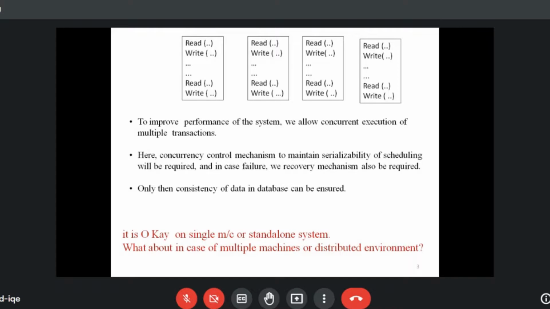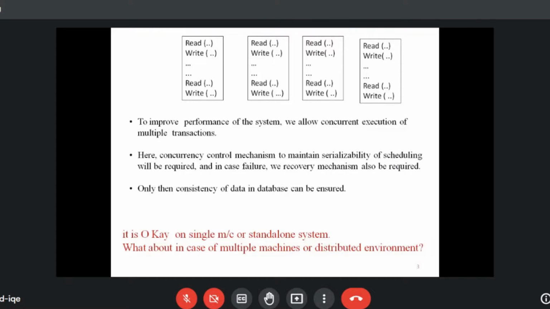If we want to recover the values of the data items from before the start of the execution of the transaction, that means we have to maintain somewhere each and every read-write operation detail. Only then can we recover the earlier state of the database by going through that record. That kind of record is generally called a log file. Every operation being carried out, its information is also maintained there.